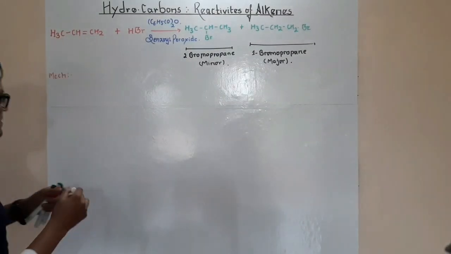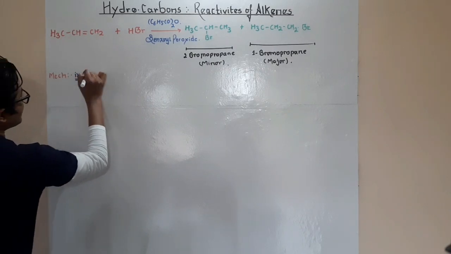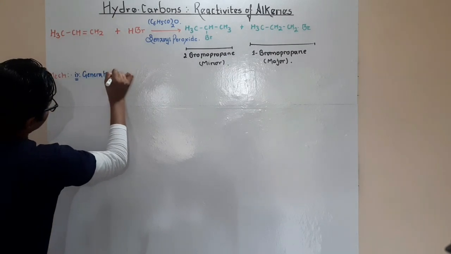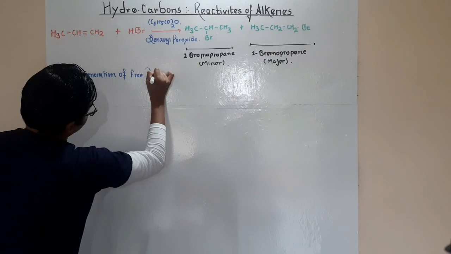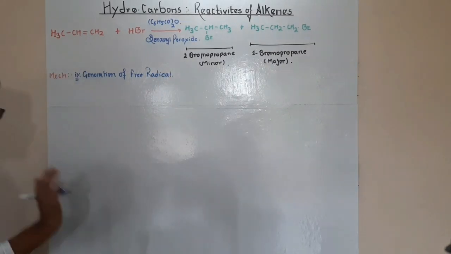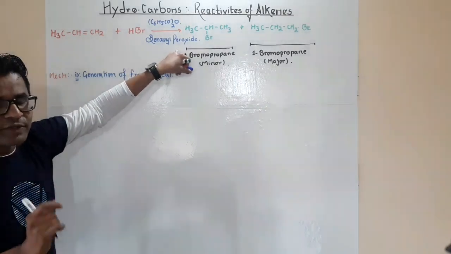The first step is the generation of free radicals. The free radicals are generated right from the peroxides which we use for the reaction.